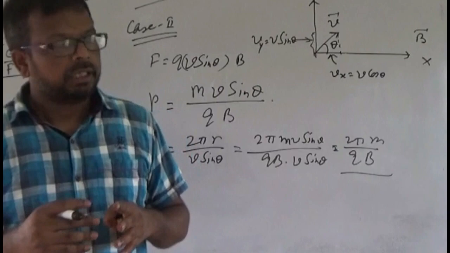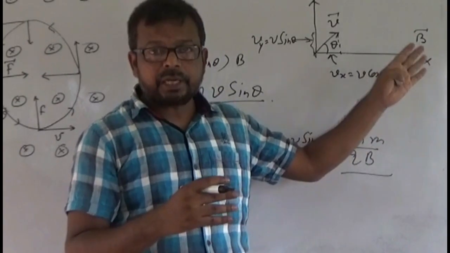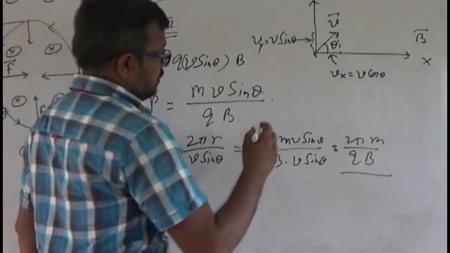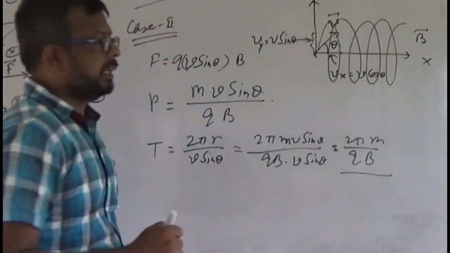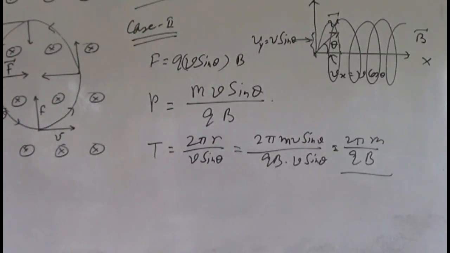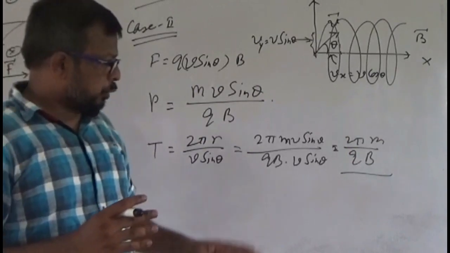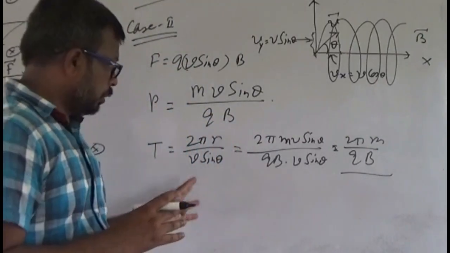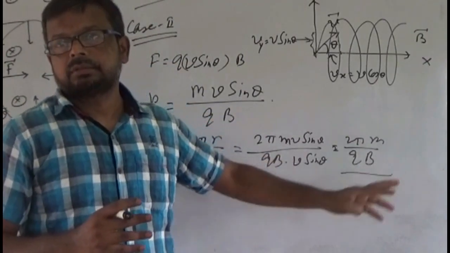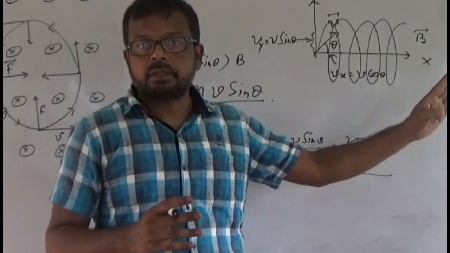That means it will move along the direction of the magnetic field as well as rotate. Like this will be the path of the charged particle. Thus the resultant path of the particle will be a helix, right? Whose radius is this and time period will be given by this, and the axis of the helix is parallel to the direction of B.